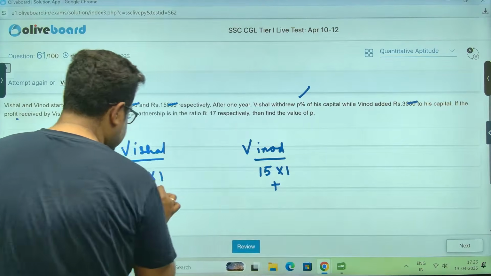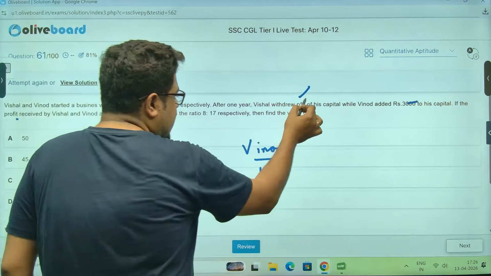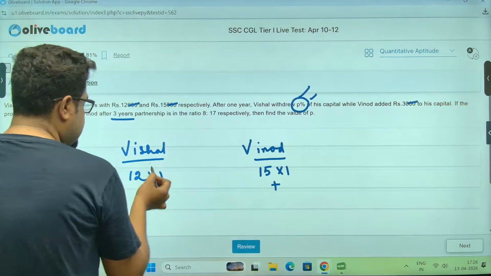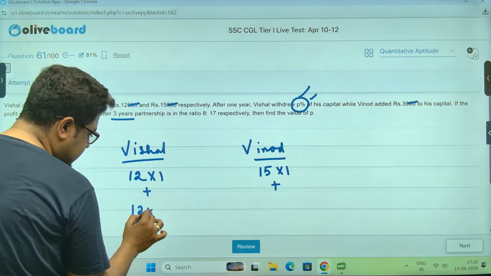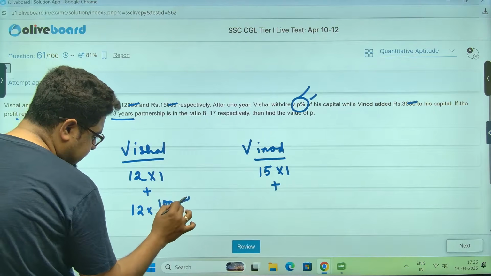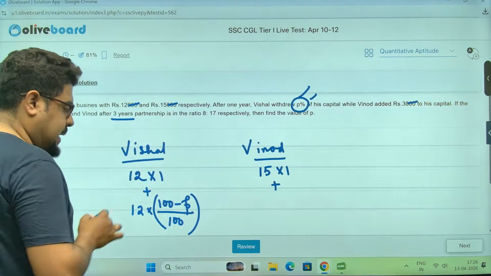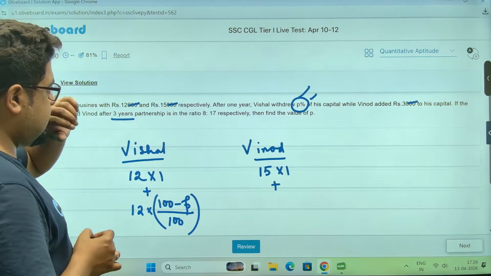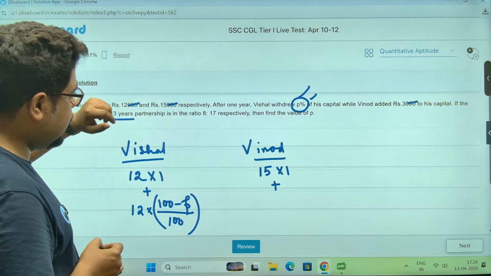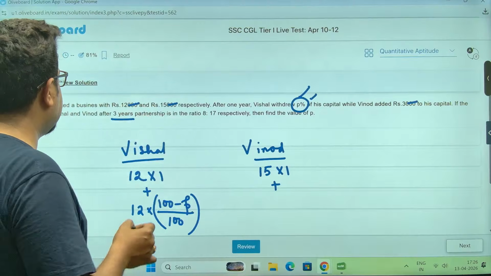Next, what happened, sir? Vishal withdrew P%. P% withdrawn means, sir, 100 minus P% now will be there, divided by 100. Correct? For how many years, sir?